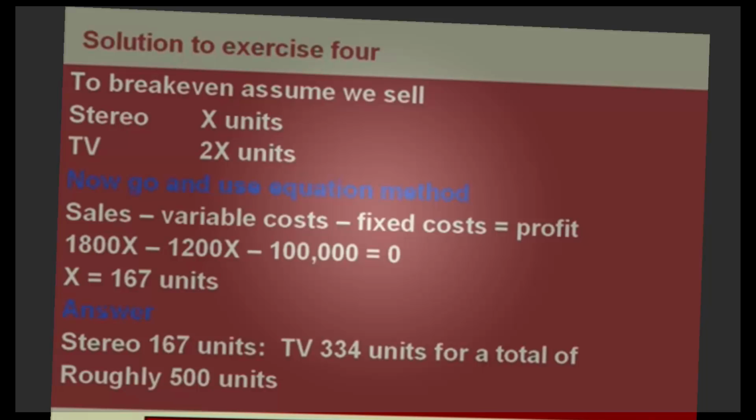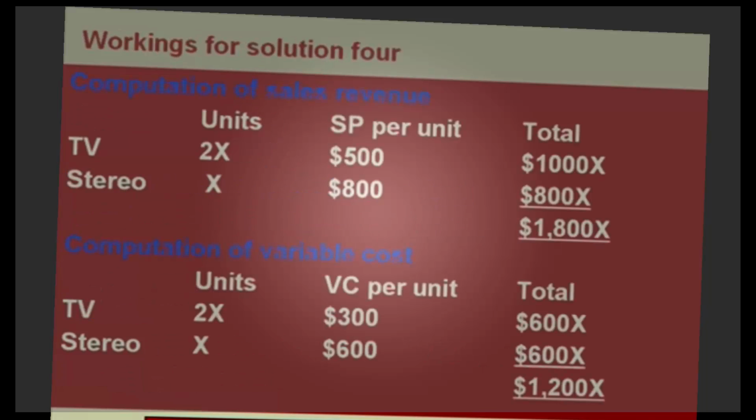How did we figure out sales and variable cost? Really simple. Here it is in front of you. If you sell 2X TV, the selling price per unit is 500. So the total sales for TV is 1000X. If you sell X stereo at 800, it's 800X. So the total revenue is 1800X for both.